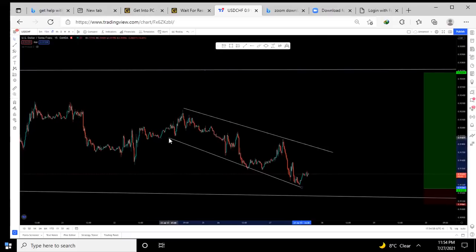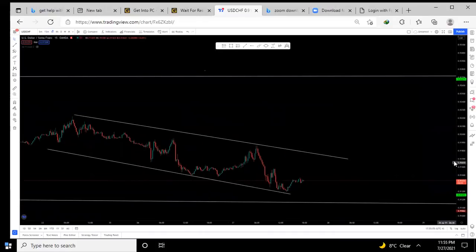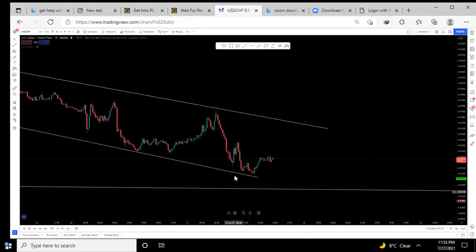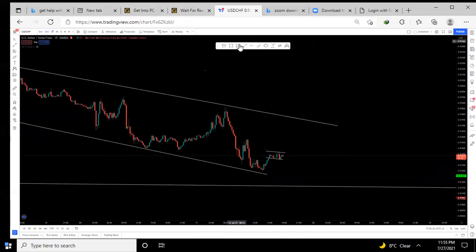Most of the time, we look at this thing as an entry level. So if you were to enter this position, you'll be entering the position based on this pattern. Do you understand? We're having a pattern there, and that's a bullish pattern.